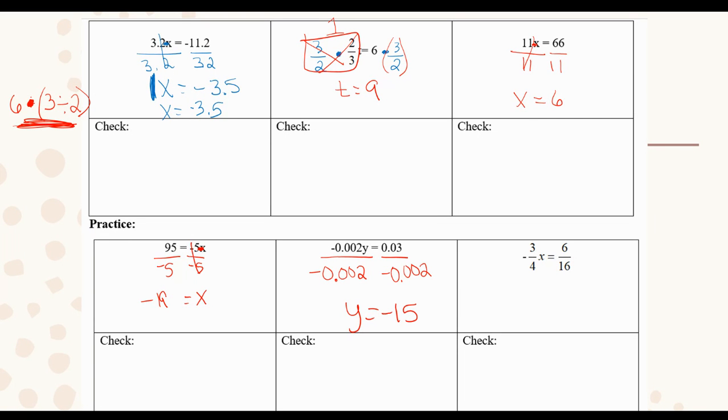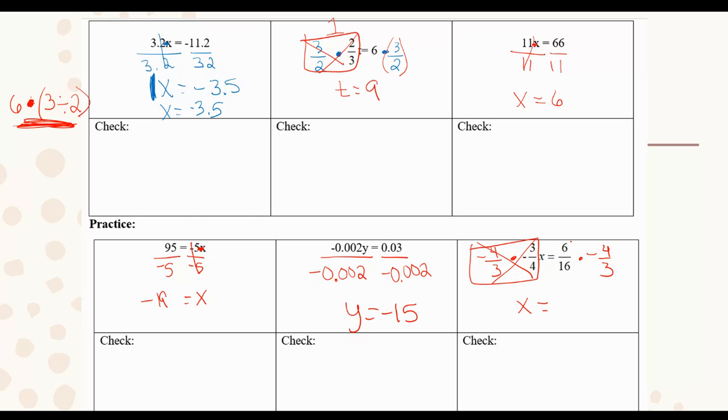And this last one, yes, there's fractions. Let's see if we did the fraction part correctly. So you have two options here. You can multiply by the reciprocal of -3/4, which is negative 4 over 3. Okay, this whole thing here, that all just equals 1, so that goes away. You're left with x equals.